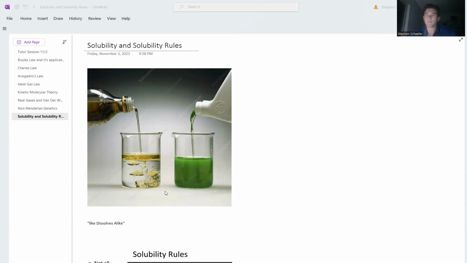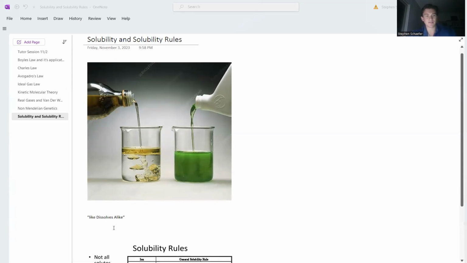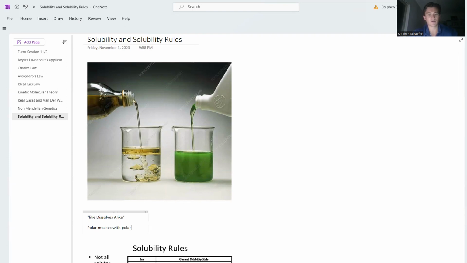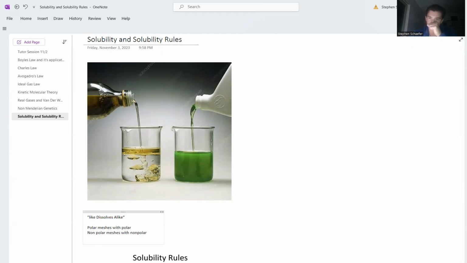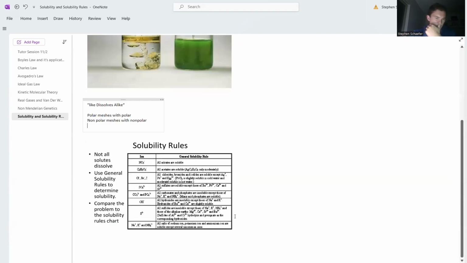So the main idea from this is that polar meshes with polar, then nonpolar meshes with nonpolar. And anything outside of that is most likely going to be insolubility produced. But not always, though. There's some exceptions.